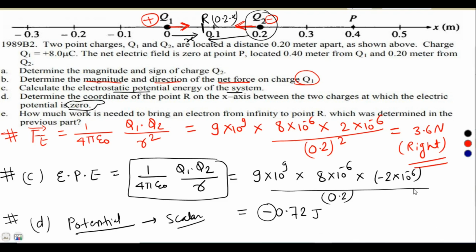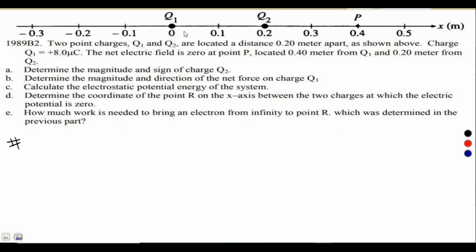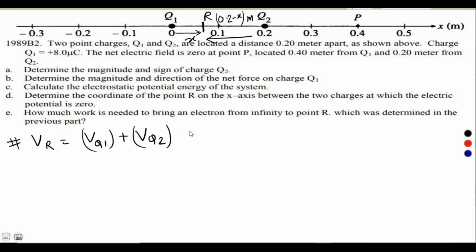What will be the potential? Potential will be k q by r, right? This is the formula. So k q1 by r1 plus k q2 by r2, and it should be equal to 0.